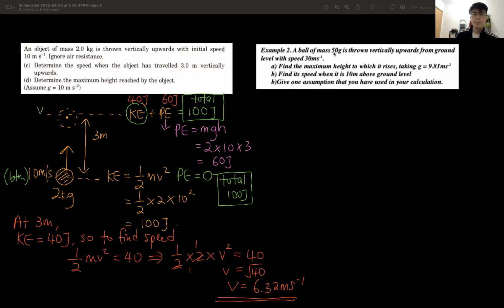Okay, example 2, a ball of mass 50 gram, thrown vertically upward. Find the maximum height that it can rise. Okay, maximum height. So that is the two extreme points.